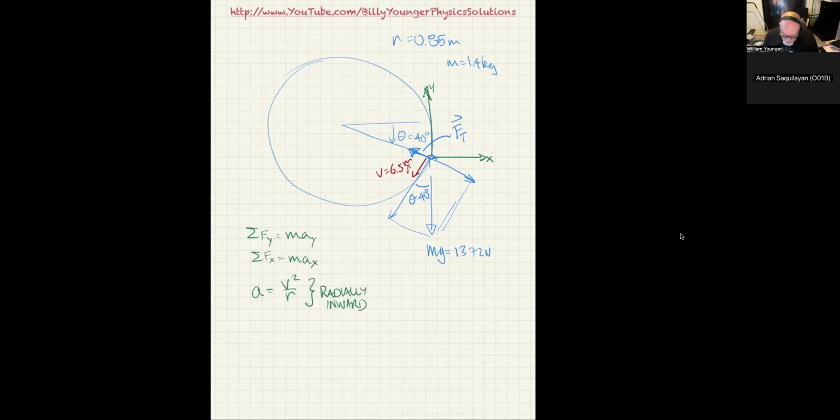That's why I was saying it might be better to use a different coordinate system. Wait, so in this diagram, it's radially outward. Well, I think there's a component of mg that is fighting the normal force, or excuse me, that's fighting the centripetal force.